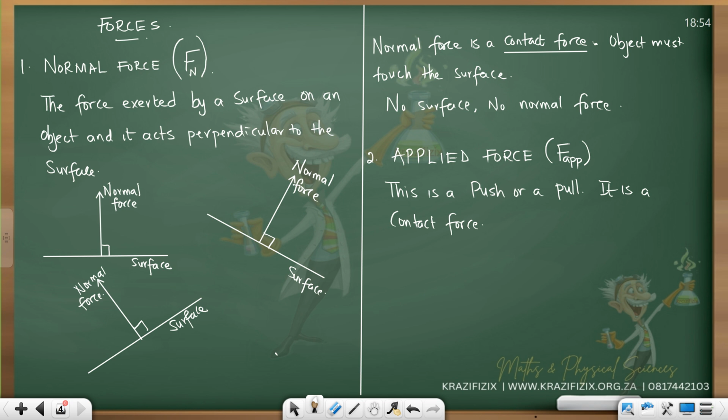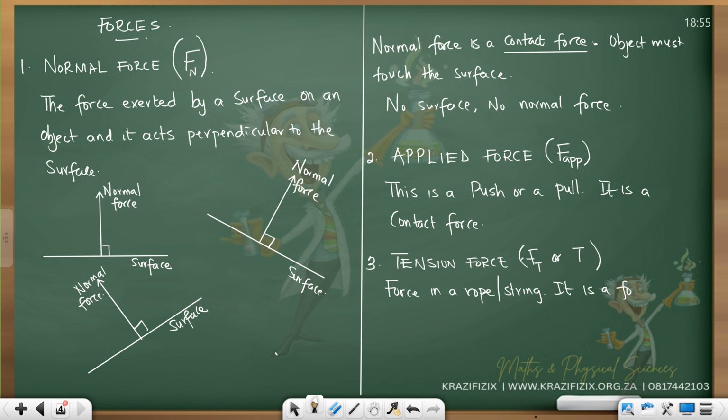All right. Number 3, tension. Have you heard that before? Yes. We are going to call it Ft, or we can say T. It is the force in a rope or a string.